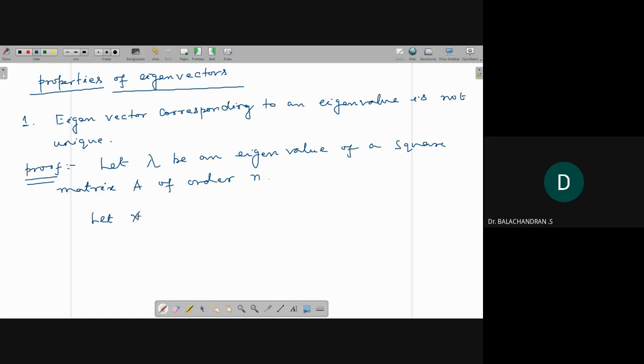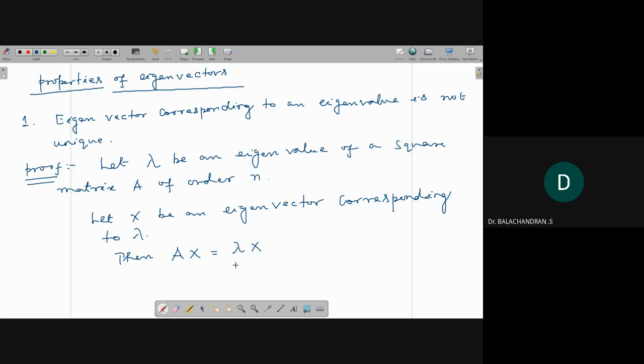Let capital X be an eigenvector corresponding to lambda. So then we can write Ax is equal to lambda into x.